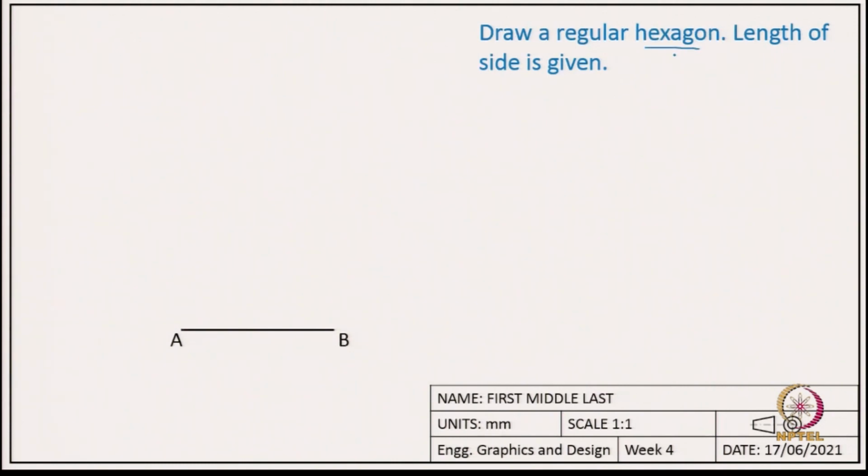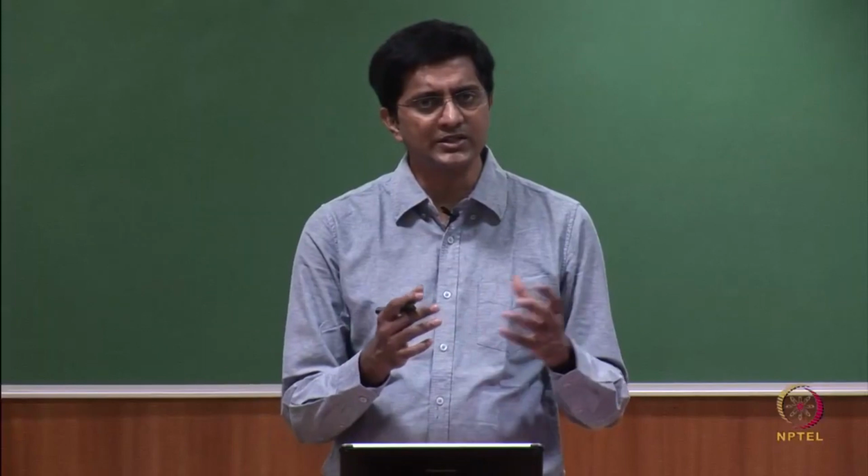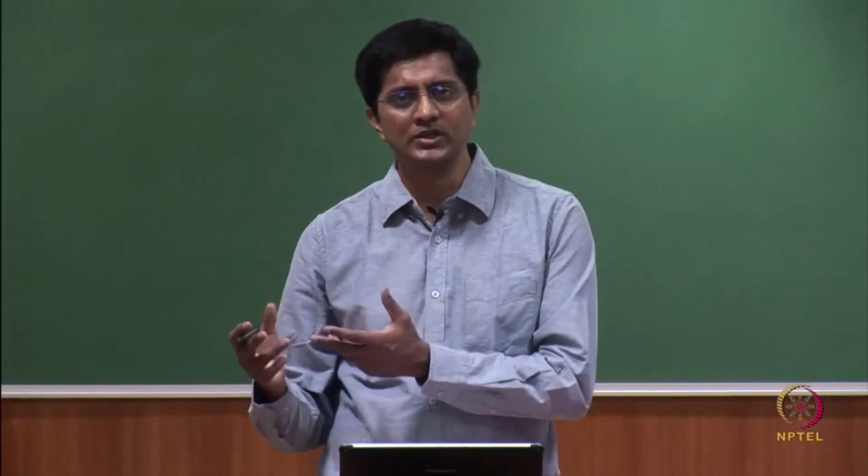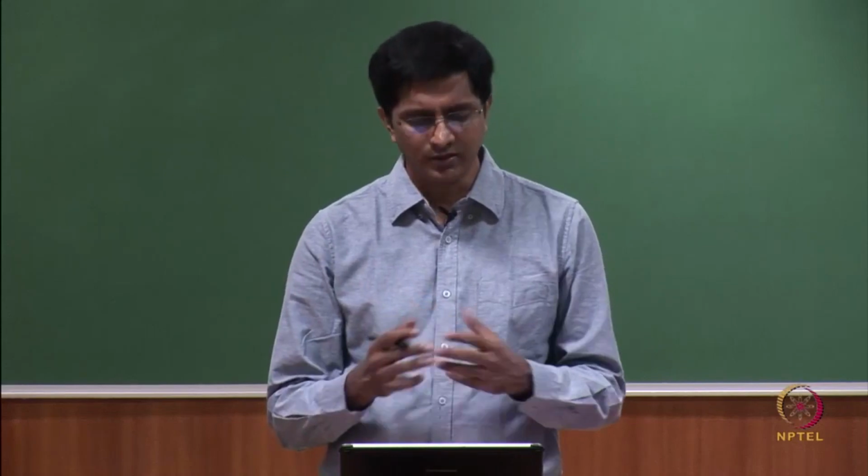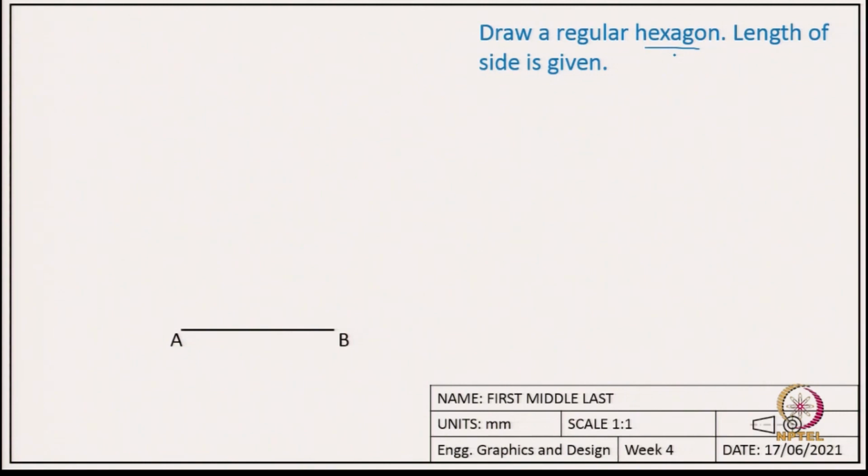So, I am skipping the square, assuming that most of us already know how to draw a square. The same thing with a hexagon, but since whatever we discuss here will be used in later slides, I thought I would quickly go through it once. Okay. So, again here we are saying we know the length of its sides.